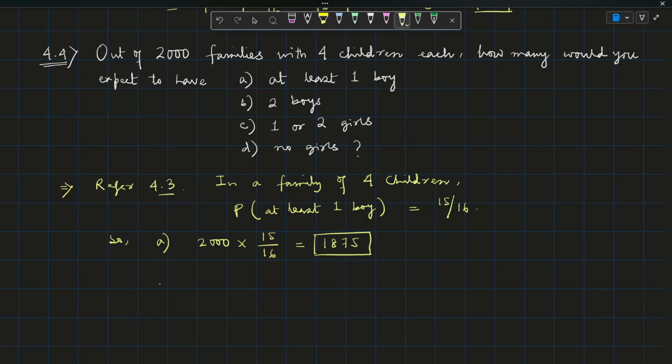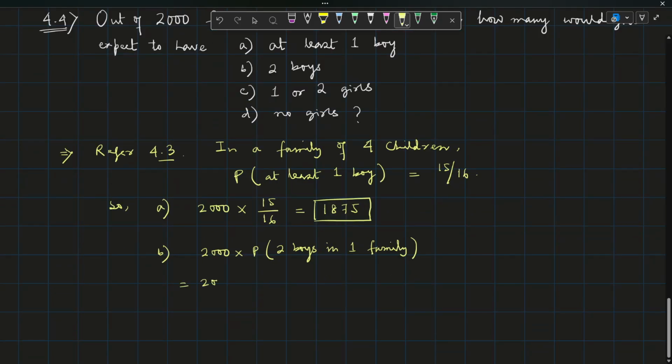Then the second part of the problem, B: how many families will have 2 boys? That is 2000 into the probability of 2 boys in a family of 4, which is 2000 into 4C2 times half to the power 2 times half to the power 2.